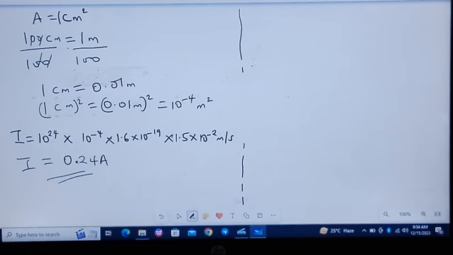Recall that I is equal to NAQV subscript D. Assuming the question requires you to find the drift velocity or the mean velocity of electron flow, all you need to do is express the drift velocity as the subject of that expression, so that your drift velocity will now be current I all over NAQ.